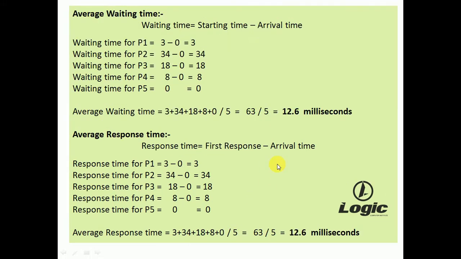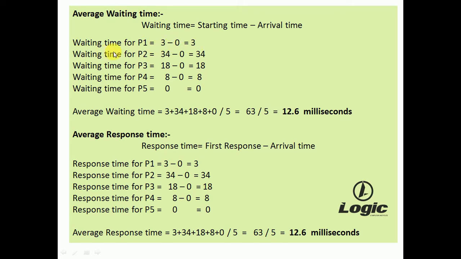Next we calculate the average waiting time. The formula is: waiting time is equal to starting time minus arrival time. So the waiting time for process P1 is 3 minus 0, which is equal to 3 milliseconds.